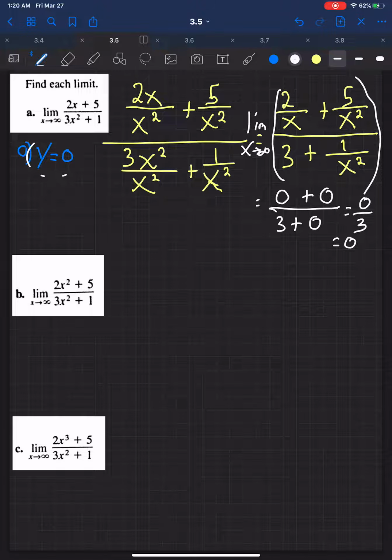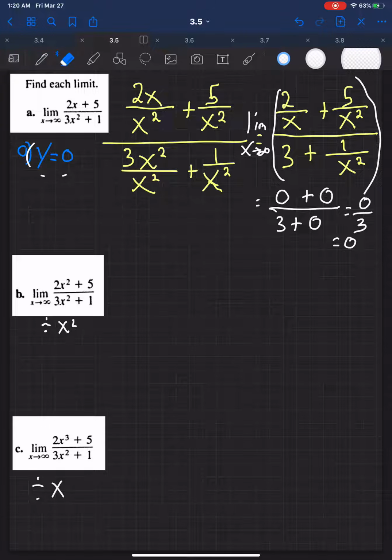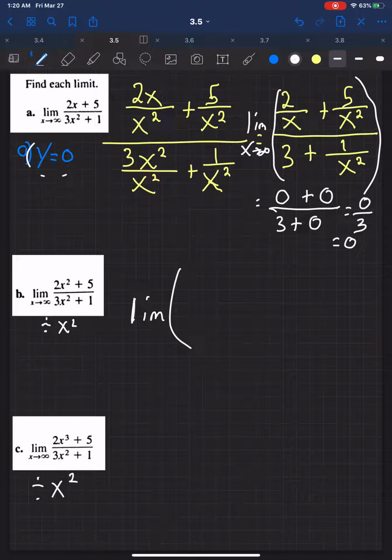Okay, I've already told you that you're going to divide by x squared. You're going to divide by x squared. So what I'm going to do with these next two is just jump to this last step. That's, you're taking the limit of, well, divide everything by x squared.